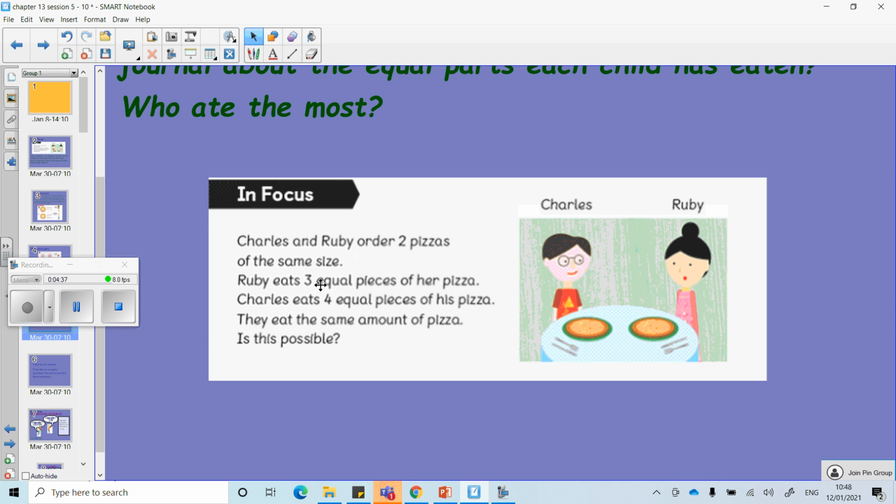So you need to tell us that Ruby has eaten 3 equal parts, and 3/3 are equal to 1 whole. And you need to tell us about what Charles has eaten. Remember, he's eaten 4 slices, 4 equal pieces of pizza, and he's eaten 4 quarters. That is also equal to 1 whole.